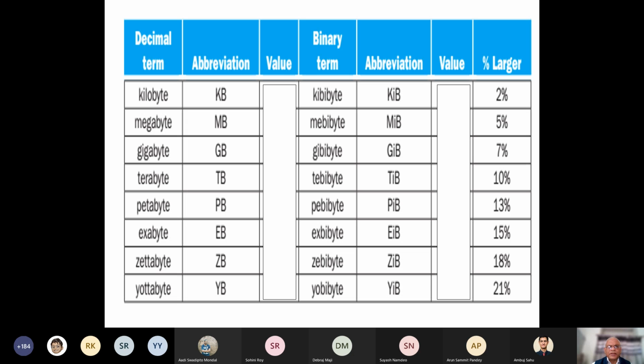We still call it kilobyte, megabyte, etc. But if you look at the actual notation, we should call these kibibyte, mebibyte, gibibyte, etc., and write as KiB, etc. Capital B is for byte, small b for bit.